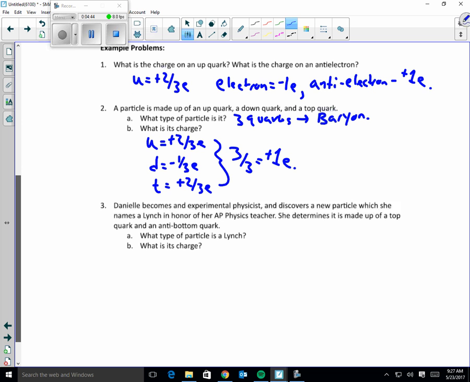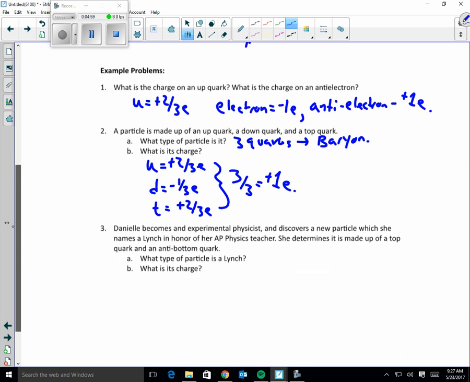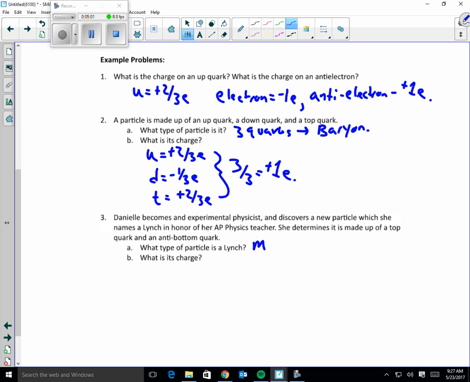So here's another little problem. Danielle becomes a physicist, discovers a new particle, and she determines it's made up of a top quark and an anti-bottom quark. So if I look at this, it's made up of a quark and an antiquark, we call it a meson. So its classification is going to be a meson. And then find its charge.